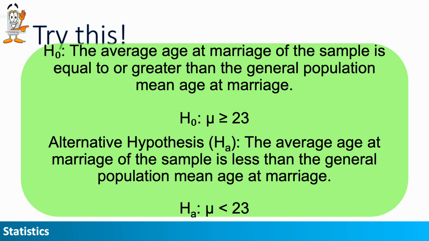Now, you have two options here. Actually, three. The first option is, in your research, you can just state the sentence. Just like this: H sub 0, the average age at marriage of the sample is equal to or greater than the general population mean age at marriage. Or you can use the mathematical sentence, that's mu is greater than or equal to 23. You can use either and it will be correct. Or if you feel like it, you can use both.